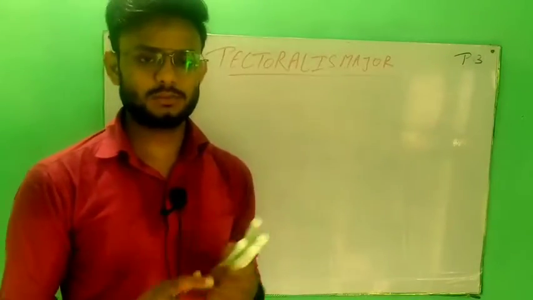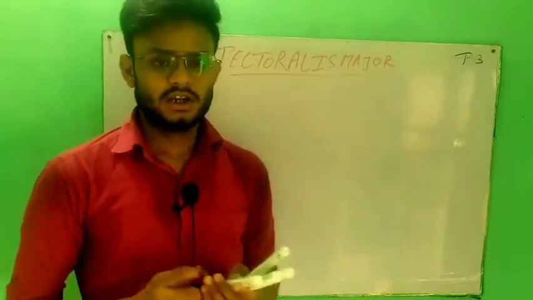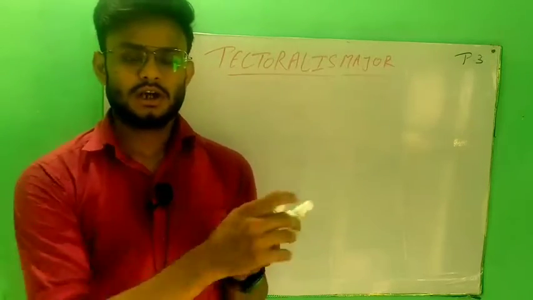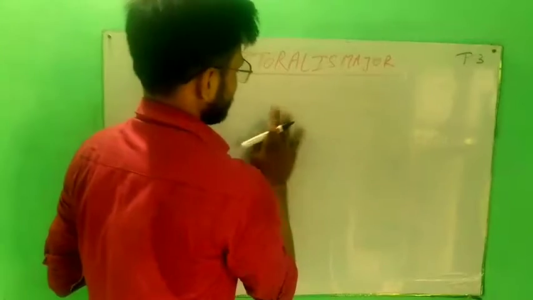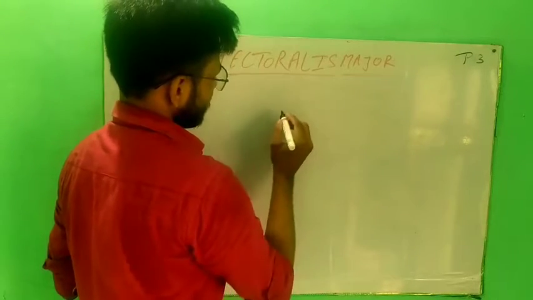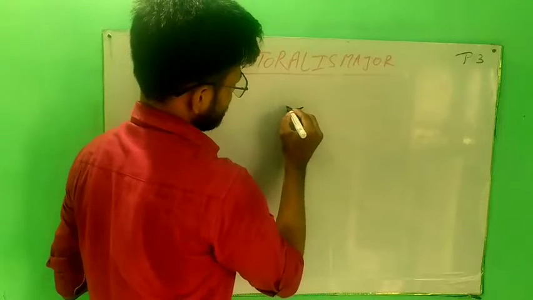This video is about the pectoralis major, and in my previous video I talked about the pectoralis minor. This is pectoralis major. For the pectoralis major, firstly I will draw the diagram.